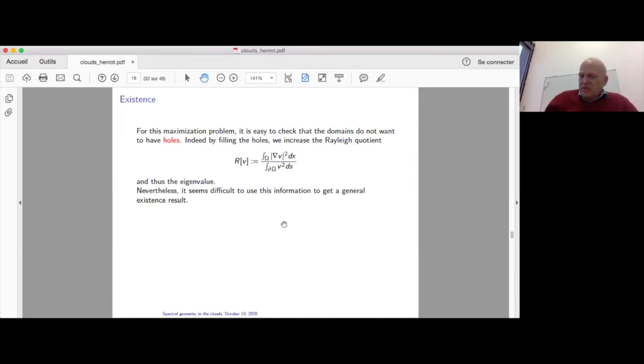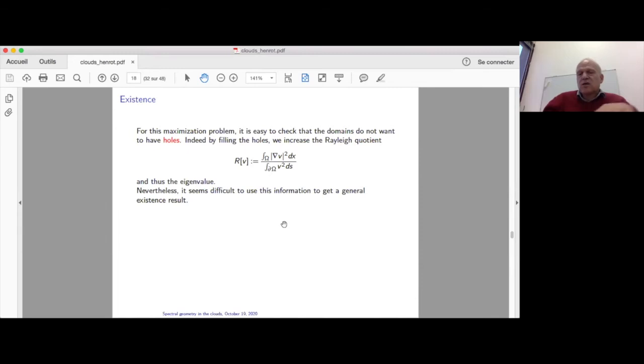So it's a first observation, which is good in principle, but it's not so obvious to get something relevant with this property. We were not able to prove existence using this property of the maximizing sequence.